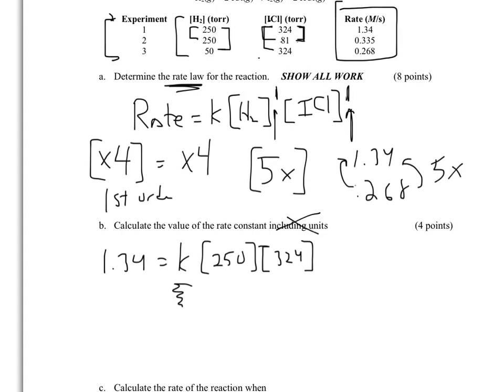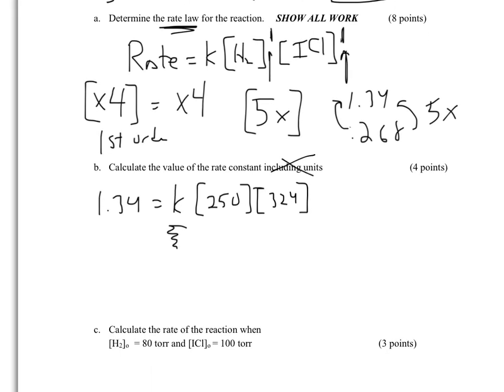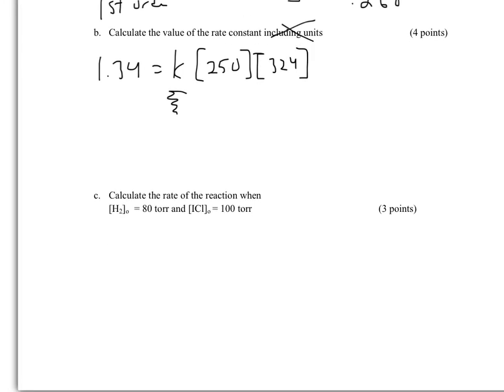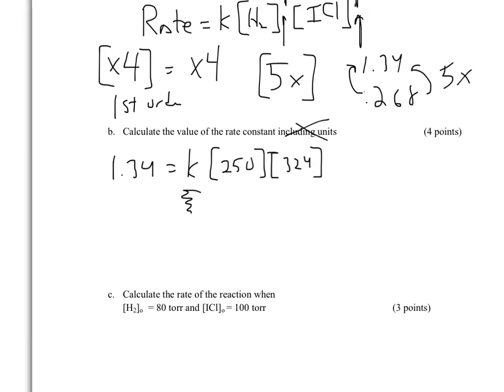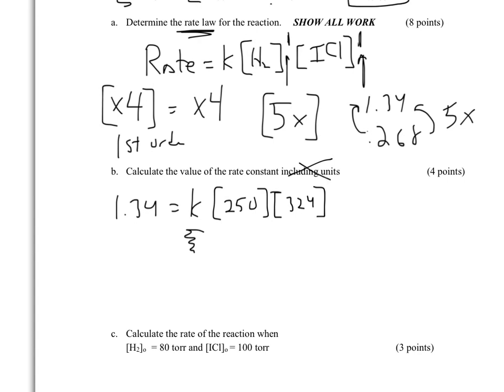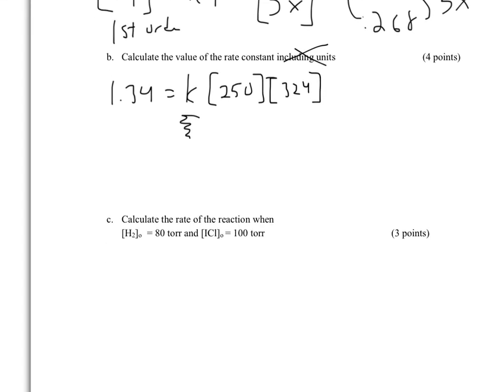I forgot to change these numbers from torr to torr per second for the rate, so there's a bunch of other things that I'm just not counting there. Again, you don't need A correct to calculate B, so if you had come up with some other rate law, you could have solved for K. As long as you were consistent in how you solved for K, you got full marks for part B.